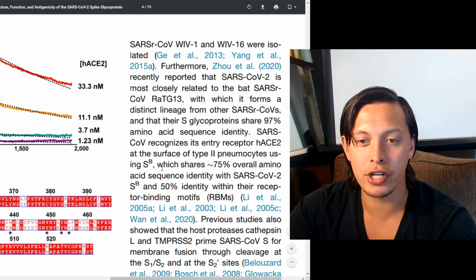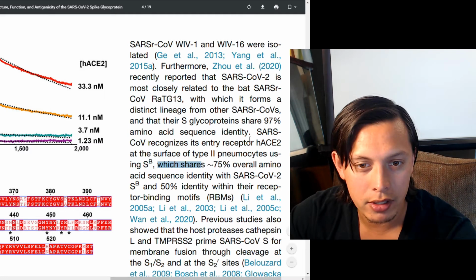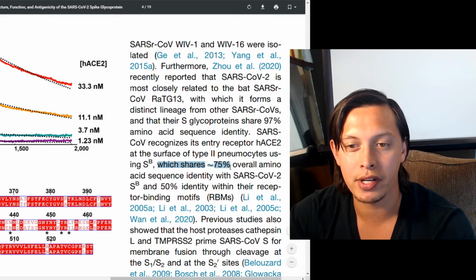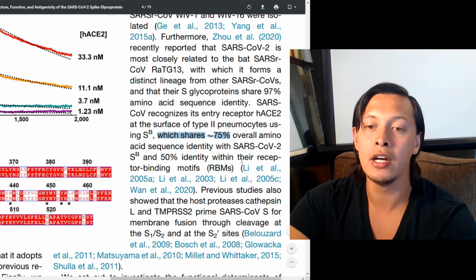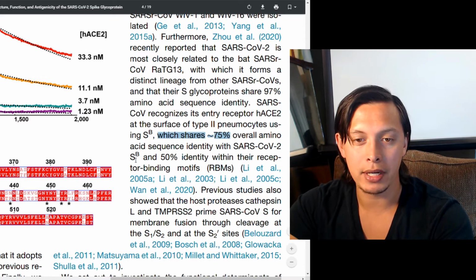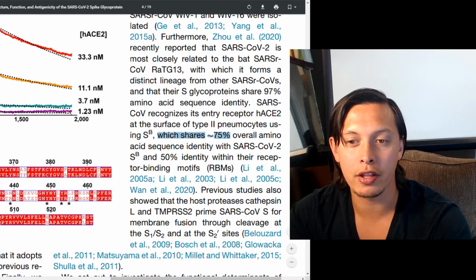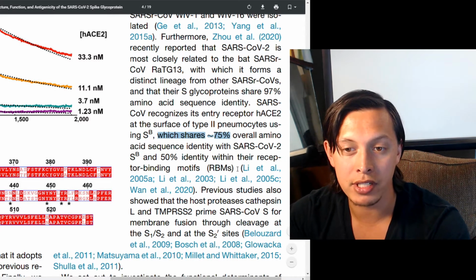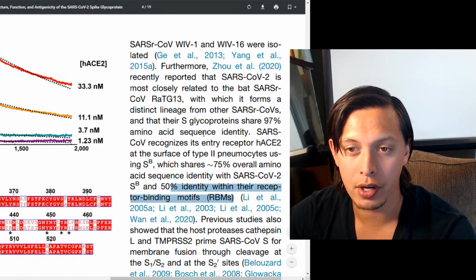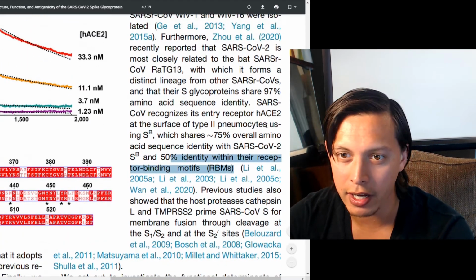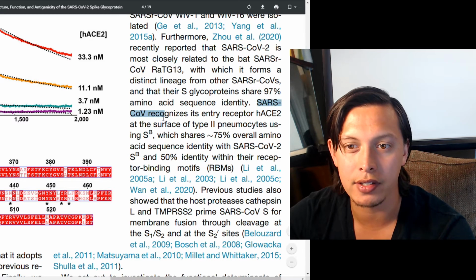Which shares 75% overall amino acid sequence identity with SARS-CoV-2 S, and 50% identity with their receptor binding motifs.